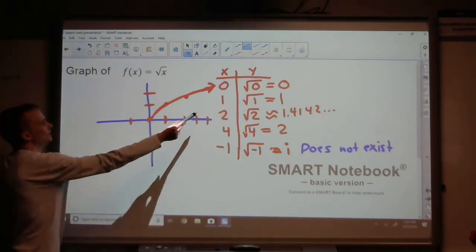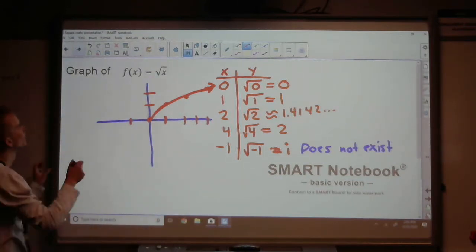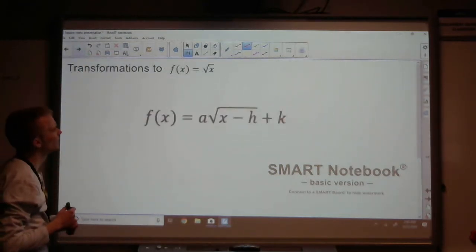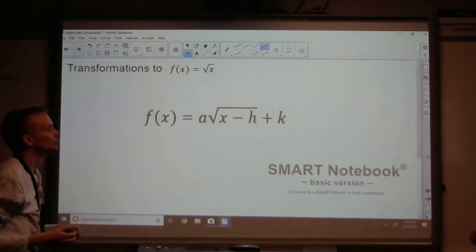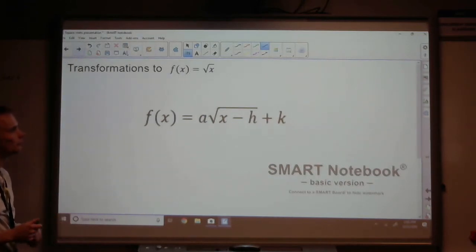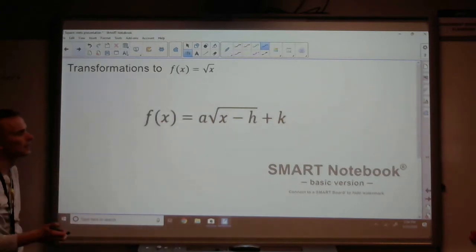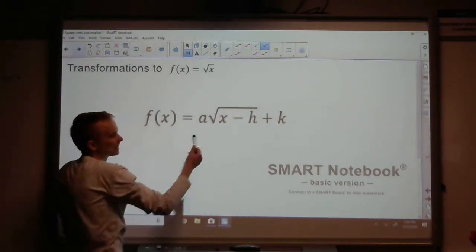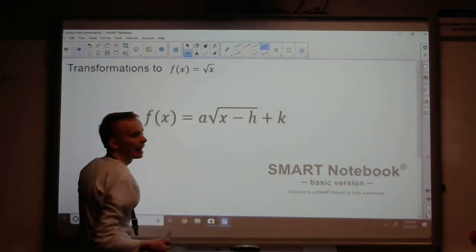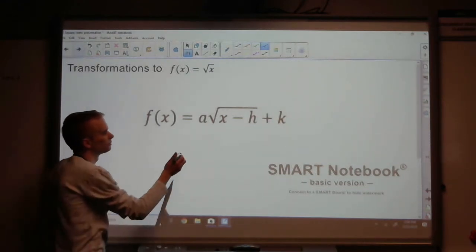So we're going to be using this to sketch some other graphs as well. And so what we're going to be looking at is transformed versions of the square root function, okay? So that means I'm going to start with this one, just the square root of x, and when I start throwing numbers inside of that equation with the x, a, h, and k are all numbers, we wonder what happens to our graph.